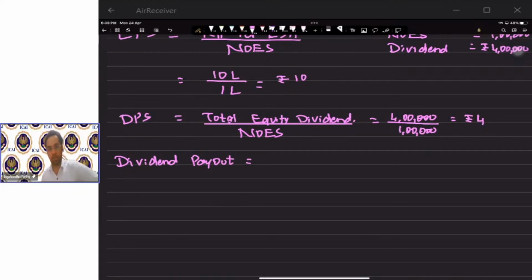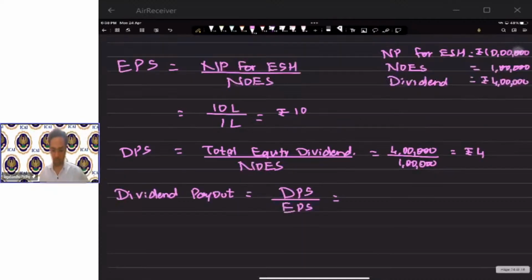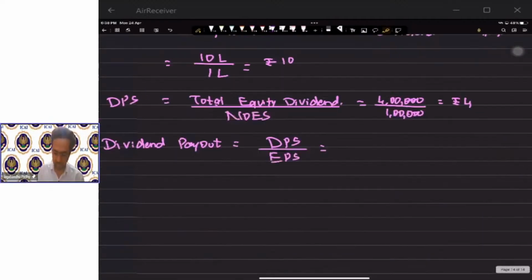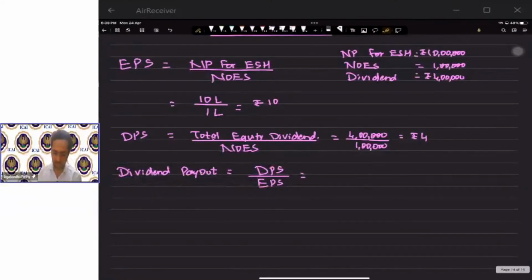Right? So dividend payout will say we are paying dividend per share on some earnings per share. So dividend per share divided by earnings per share. So dividend per share is 4 rupees upon earnings per share is 10, which is 40%.